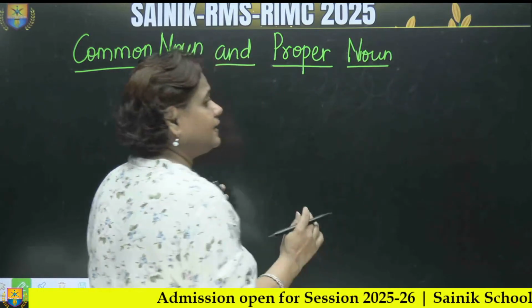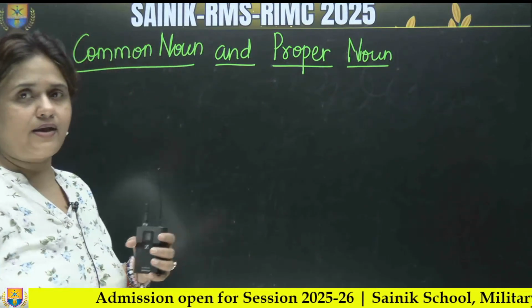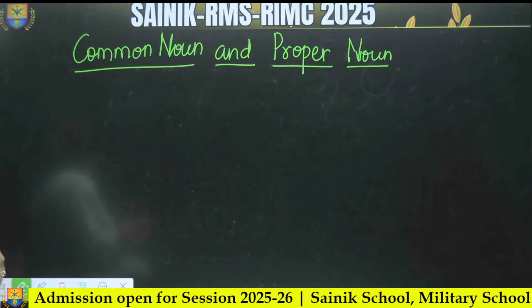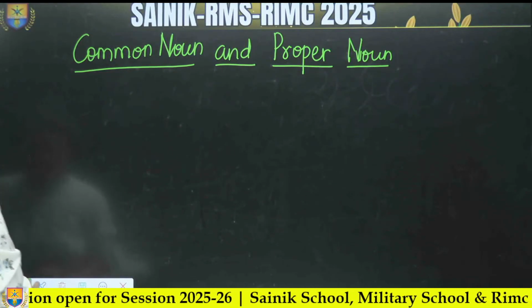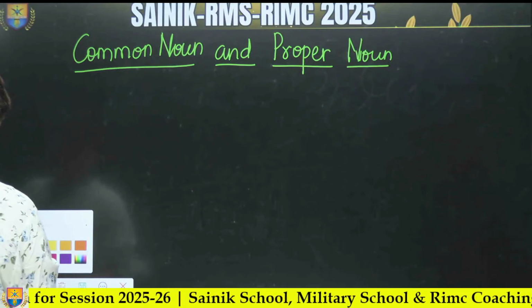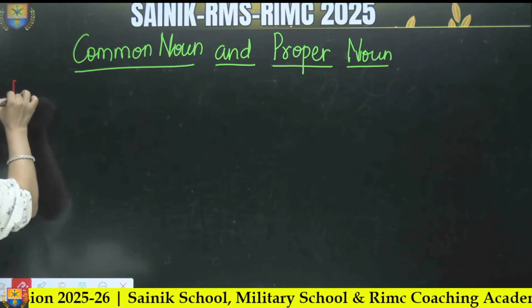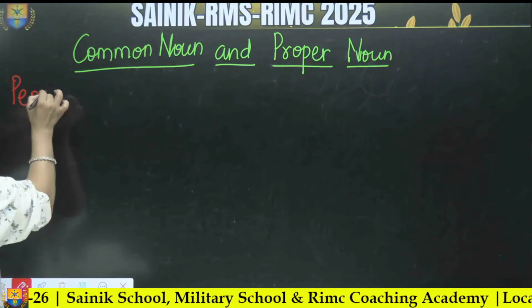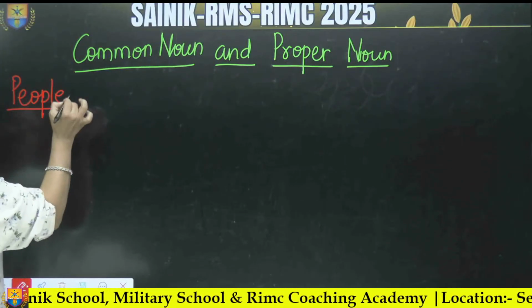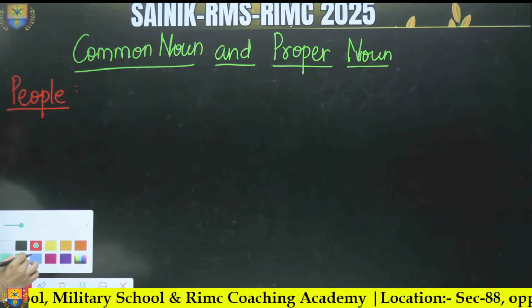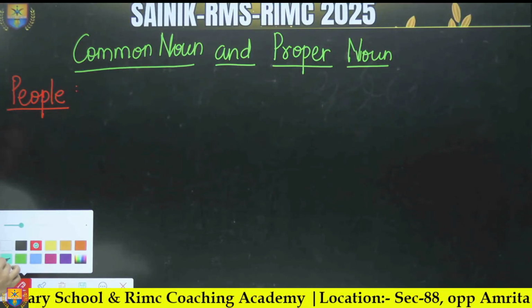We just have to be a little vigilant when we categorize them. So we have the first one, let us say people. Let us name a few different types of people.